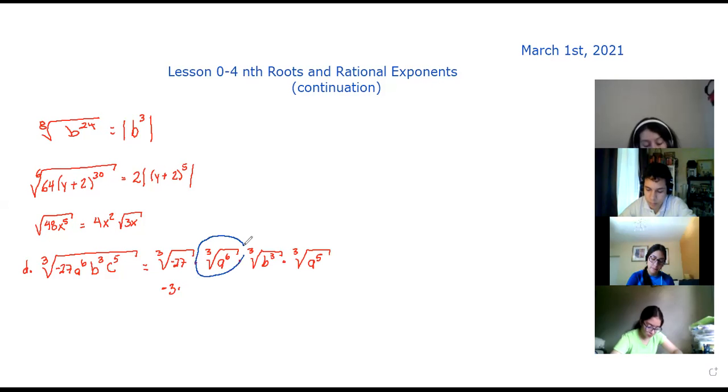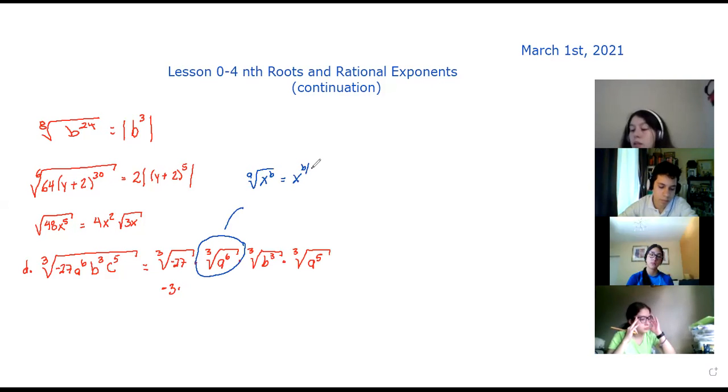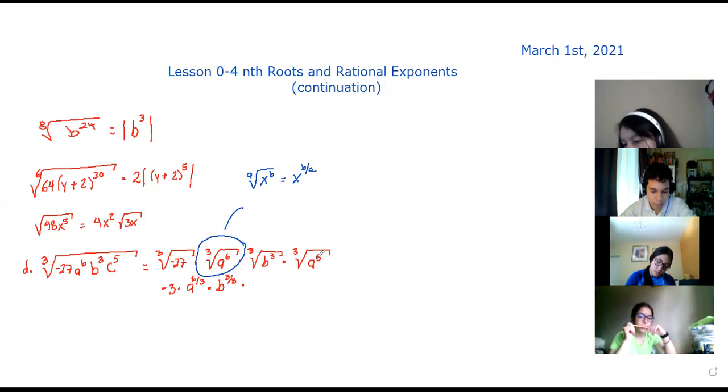Now, remember that there is a property that tells you that if you have this, you can rewrite it as x to the b over a. So that means that I can rewrite a to the 6 divided by 3 times b to the 3 divided by 3 times, well, in this case, 5 divided by 3.